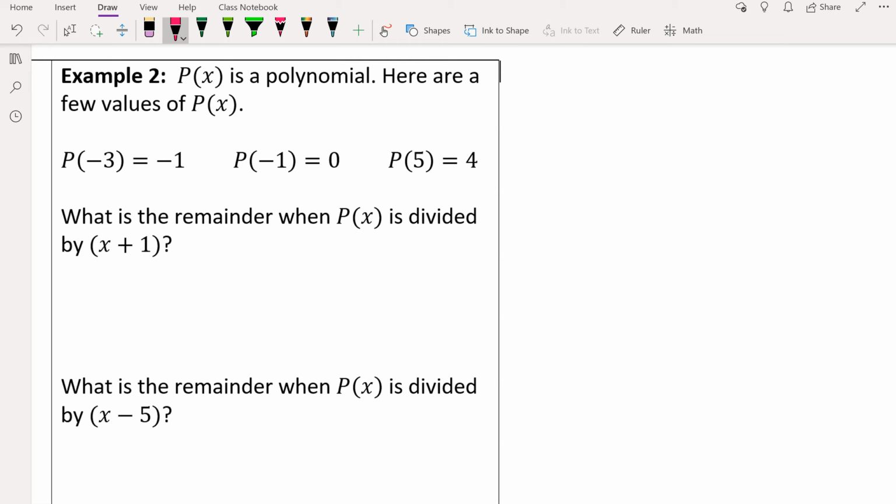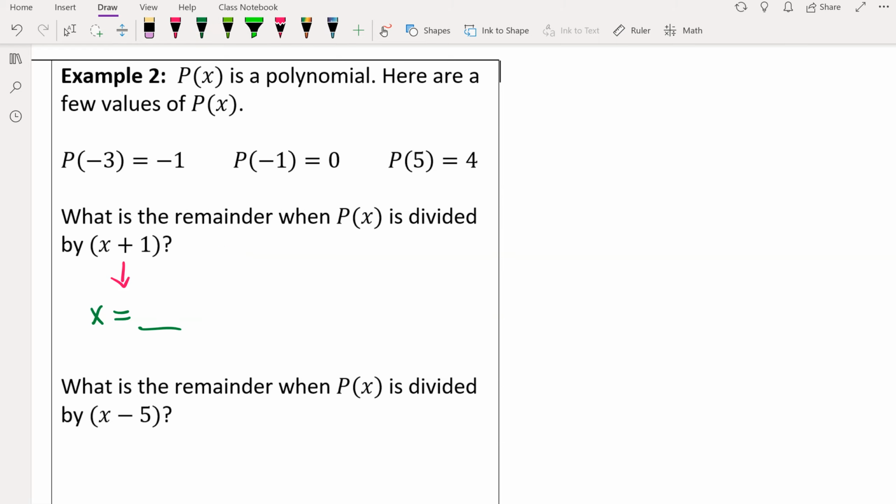Okay, we don't know what p of x is, so we can't divide. It's not going to help us to divide. So what are we going to do? We're going to think about, what does x equal here? So in Edpuzzle, I want you to tell me, what does x equal for that factor, x plus 1?